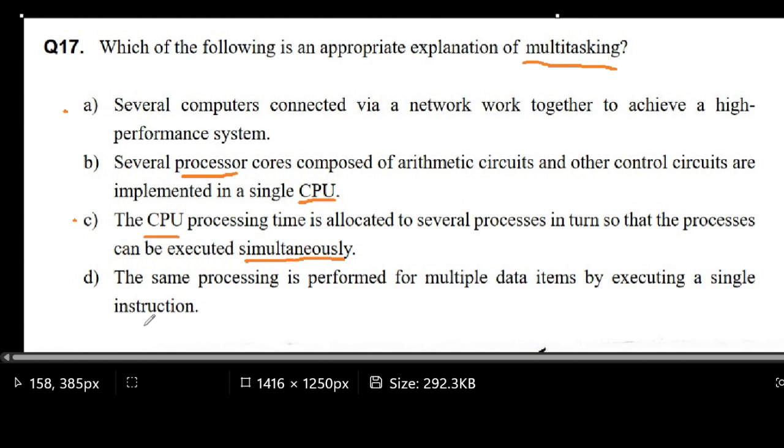Okay, so let's move on to the last letter, letter D. It's saying that the same processing is performed for multiple data items by executing a single instruction. I think in this case we are doing multiple processing.